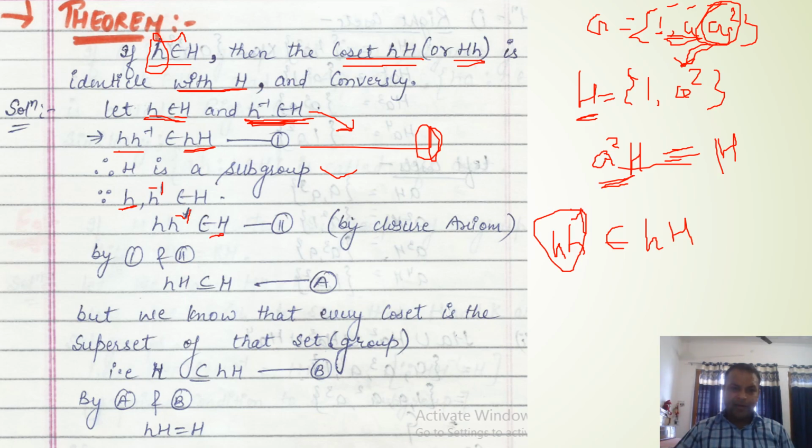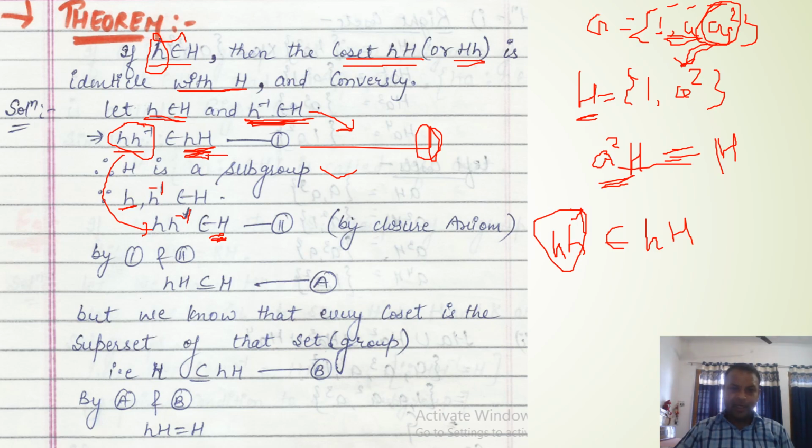In this scenario, we have shown that any element which is available in hH, small h and capital H, it means which is available in the left coset, that element is also available in the subgroup. It means every element of this coset is available in this subgroup.